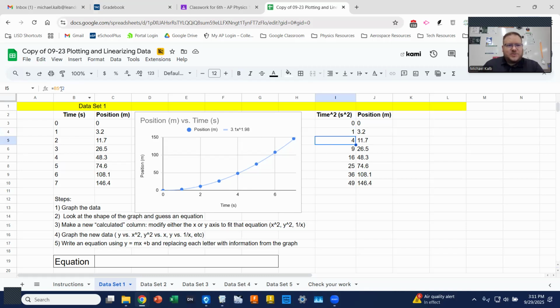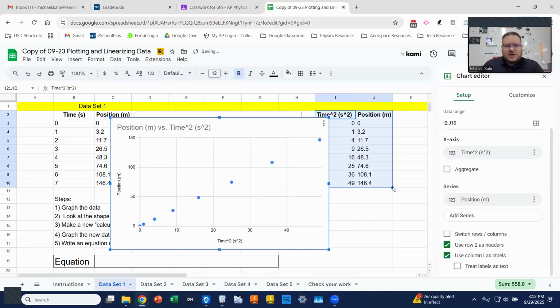You can see B5 squared, and this is B6 squared, and so on and so forth, up to B10, whatever's in this cell squared. You can see that up here. So now that we have that, let's plot it.